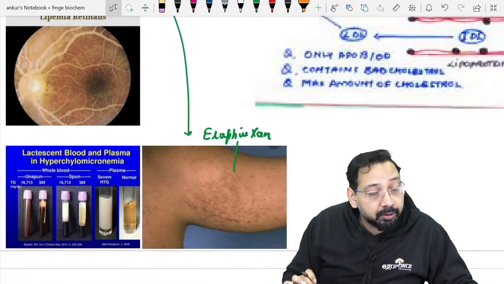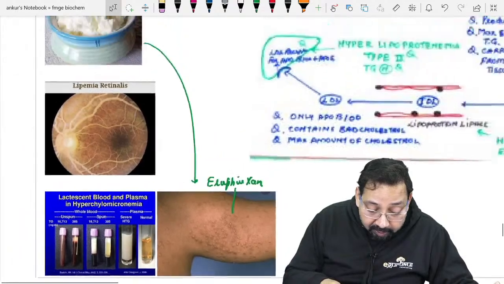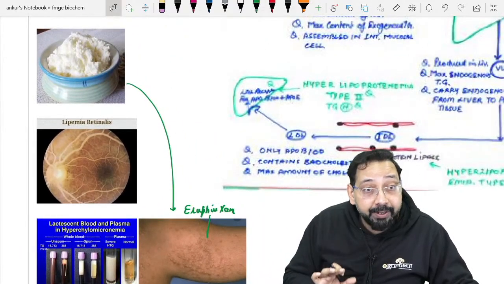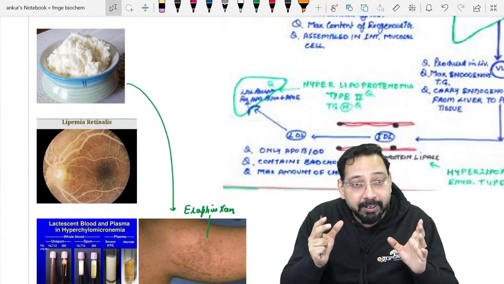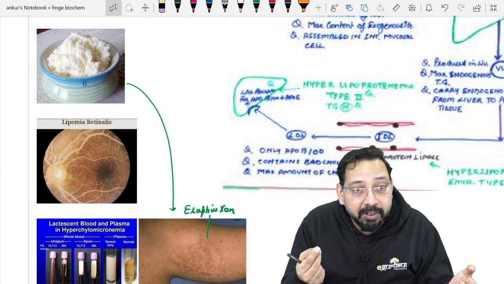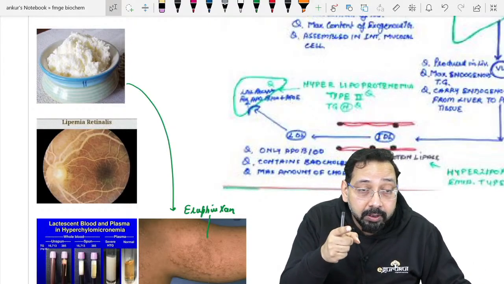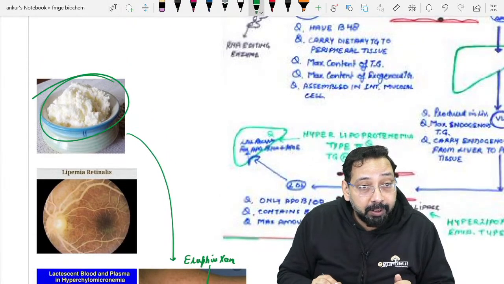Yes, which lipid? Triglyceride. And what is the color of triglyceride? White. If a person has very high triglyceride and you take a sample, the color of blood is red, and the color of triglyceride is white.